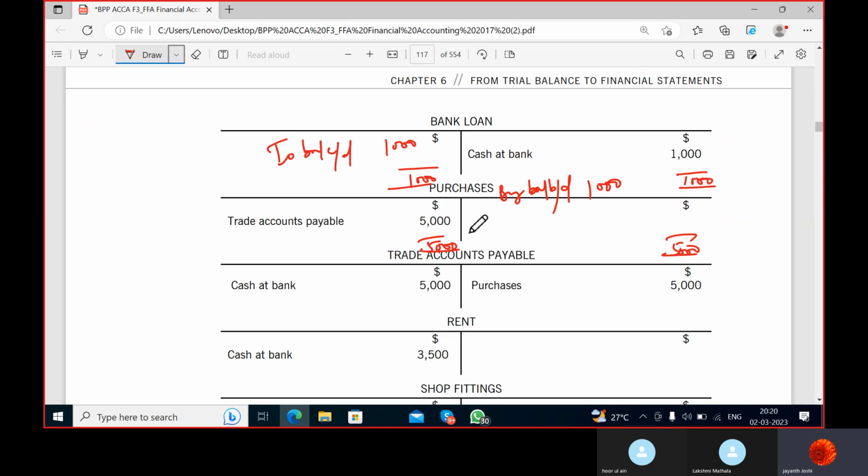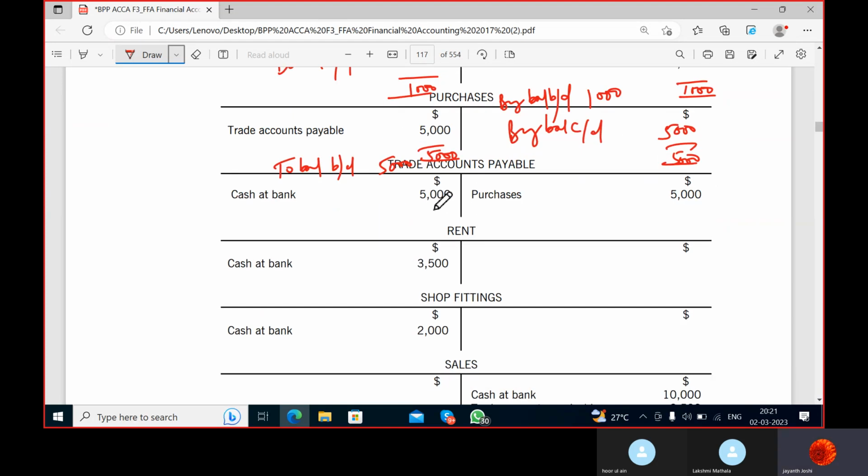Okay, all the debits should be equal to corresponding credits. So for that reason, by balance carried down 5,000. So now we are showing both equal. To balance brought down 5,000. Here there is nothing. So we will just tally 5,000, 5,000. No balance here. No carried down, no brought down.